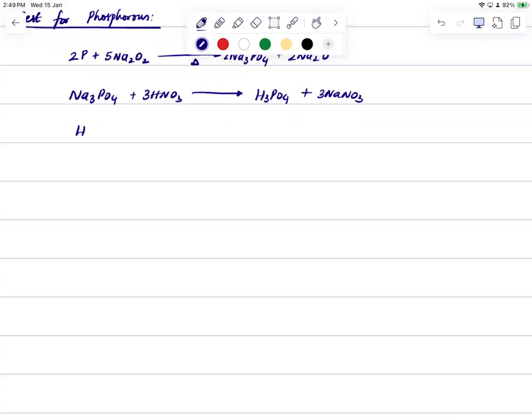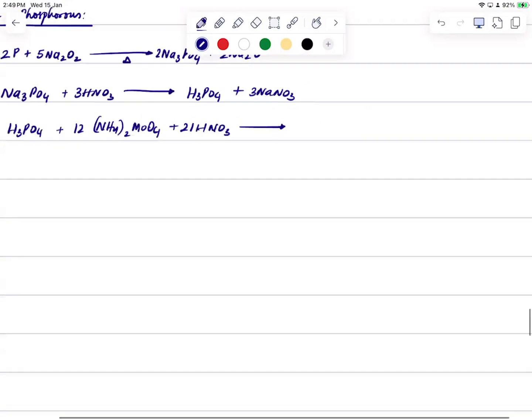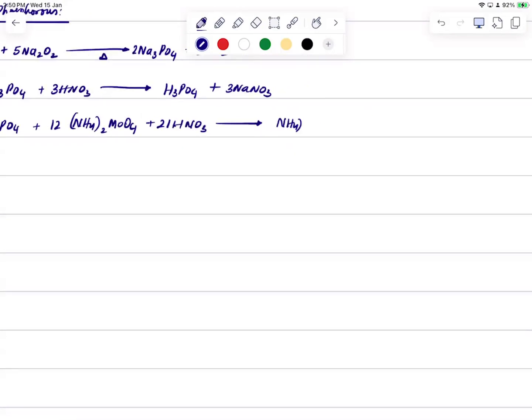And this H3PO4, if you treat with 12 moles of ammonium molybdate, (NH4)2MoO4, plus 21 HNO3, this would give us ammonium phosphomolybdate, plus 21 NH4NO3 plus 12 moles of H2O.